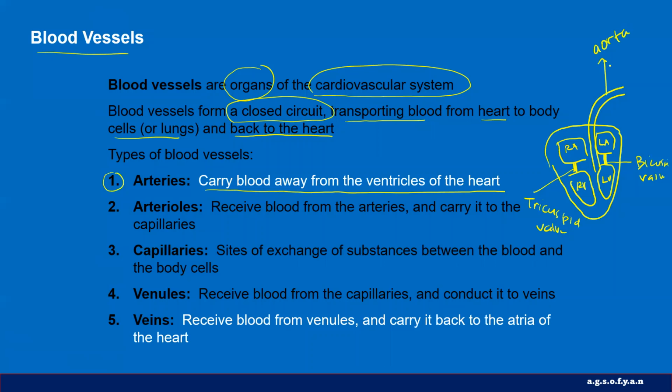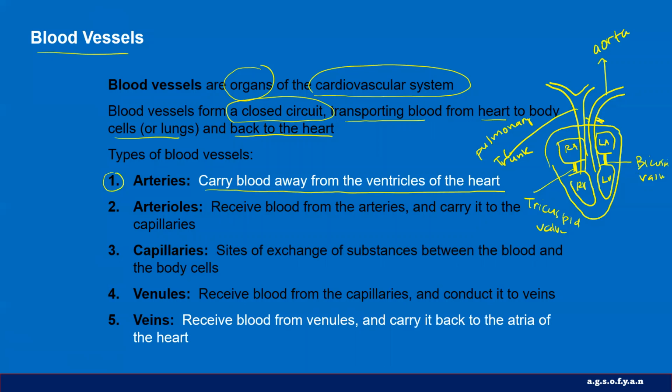So the aorta is a type of artery. From the right ventricle, you have another big artery called the pulmonary trunk. That's the artery. And this big artery will branch into smaller arteries.